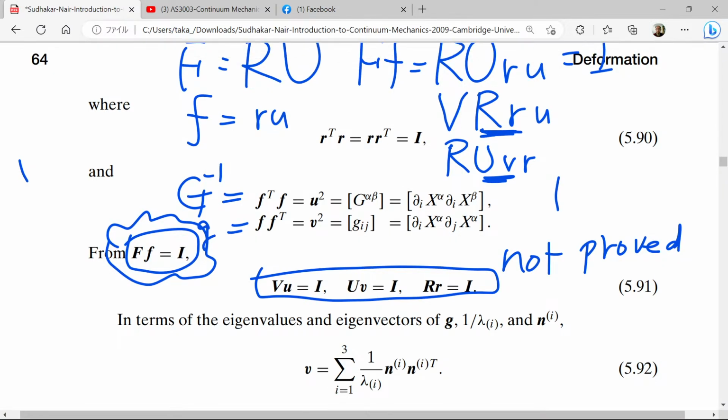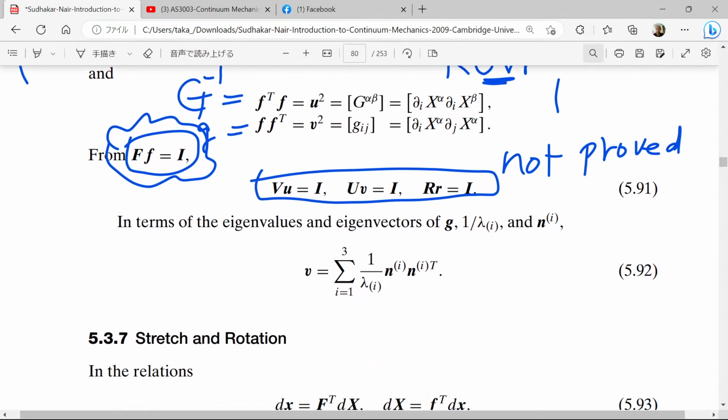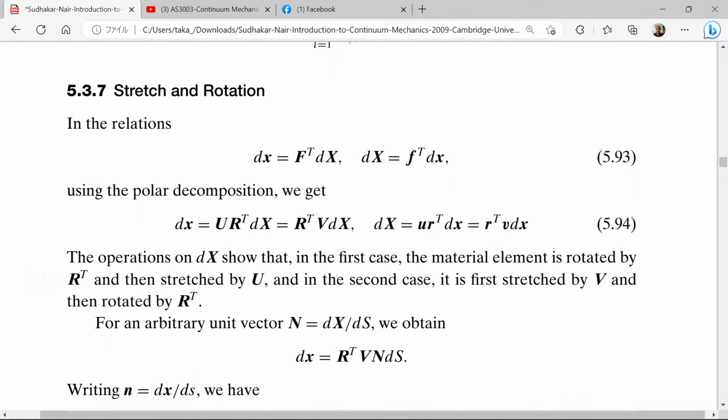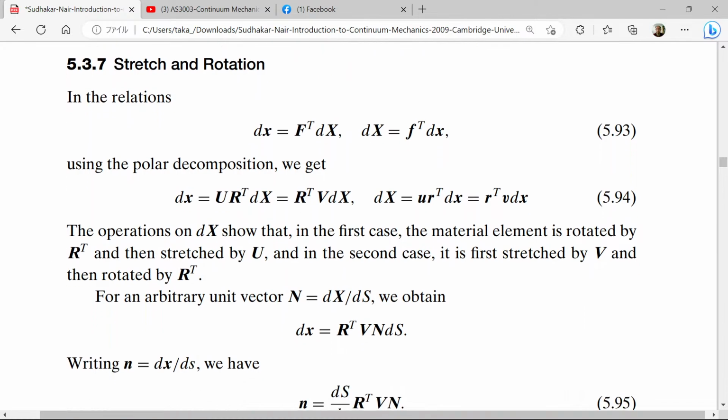So move ahead, okay? The next part is stretch and rotation. In the relation, I'm sorry, I don't even remember if we had this rotation.